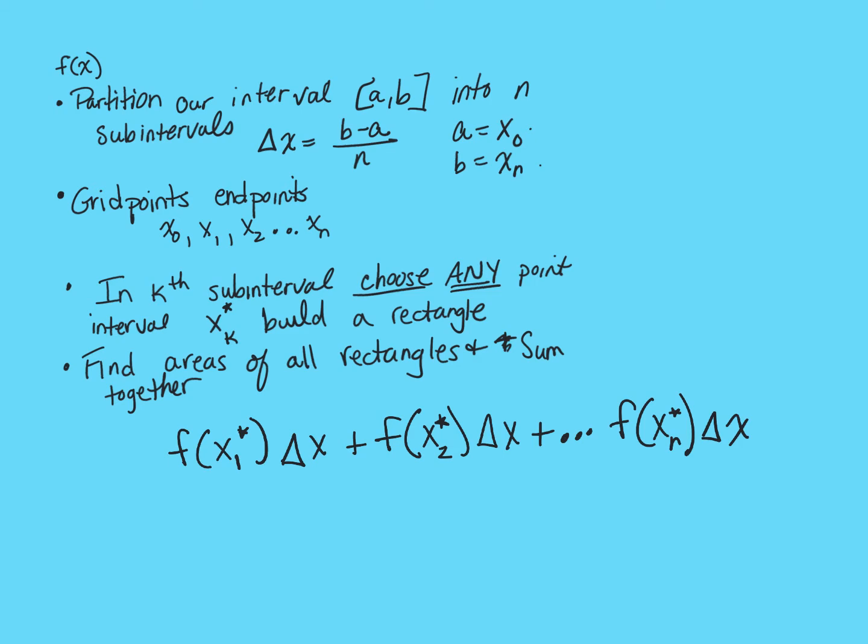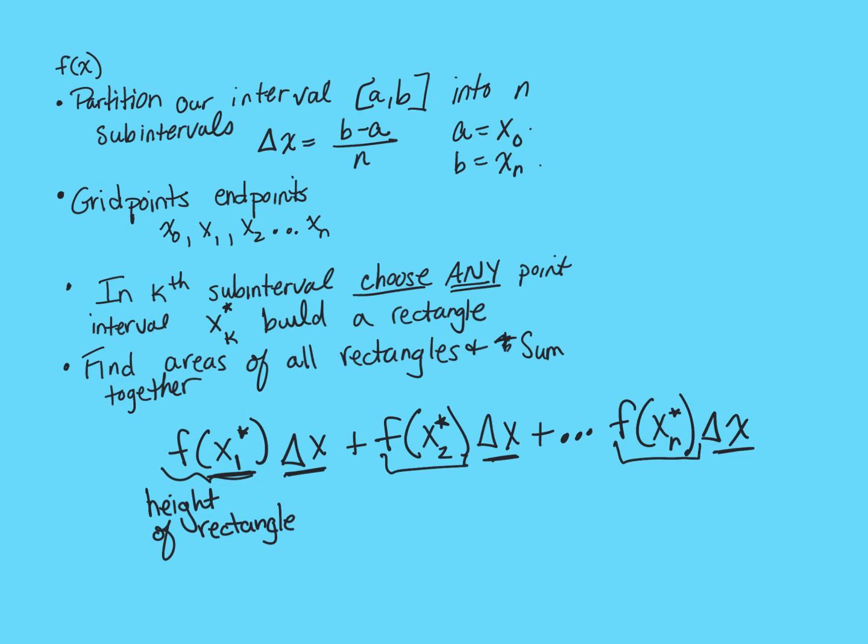So what we're saying is this is going to be the height of the rectangle, and we can use some point in the subinterval to determine that height. The width, however, for every single one of these has to be the same. This is going to be the height of the rectangle in the second subinterval. This is going to be the height of the rectangle in the nth subinterval.